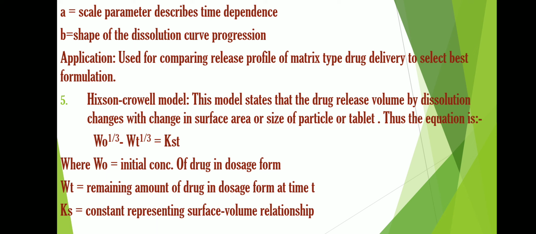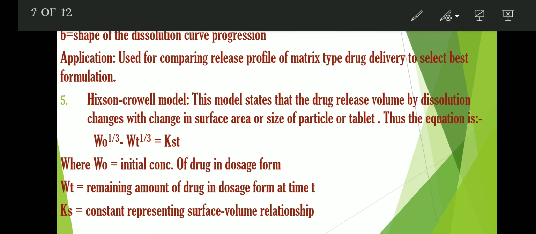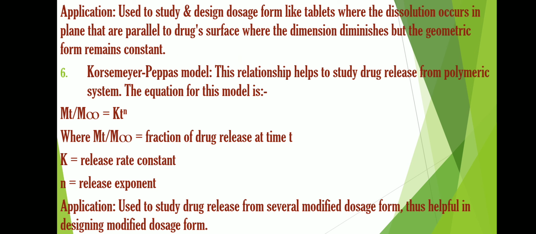As I told, the shape will remain as it is, just its surface will be removed layer by layer with the progression of time, and if the surface is removing, then its volume will also decrease. So Ks represents the constant of the surface volume relationship of the particular dosage form. It is used to study and design dosage forms like tablets, as I already mentioned, where the dissolution occurs in the plane parallel to the drug surface.